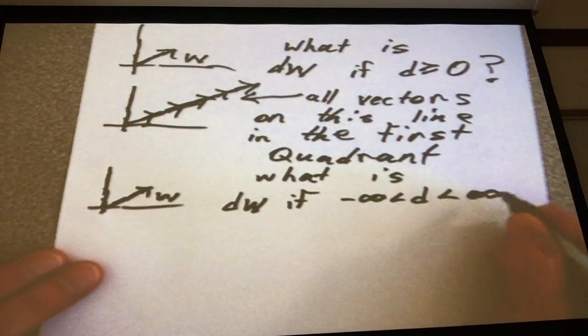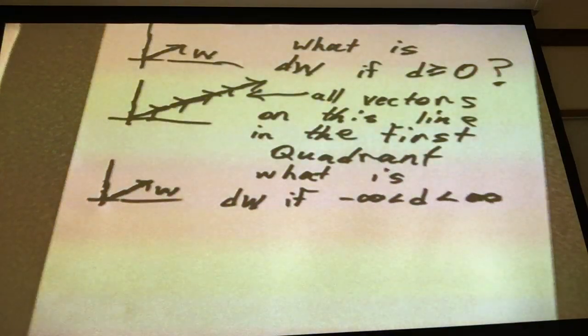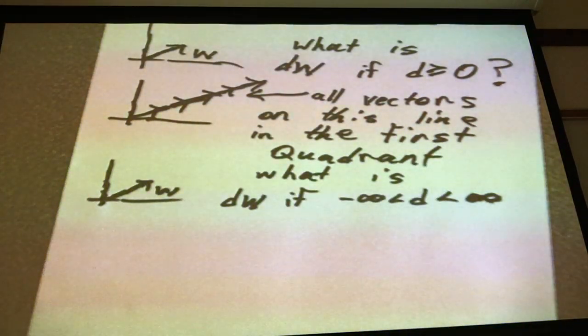Not just infinity, but you get the idea. Okay.